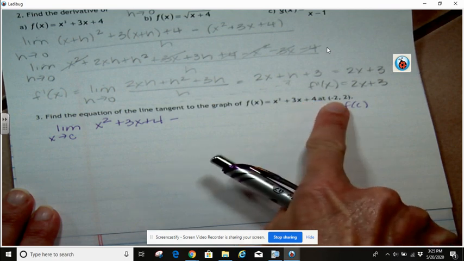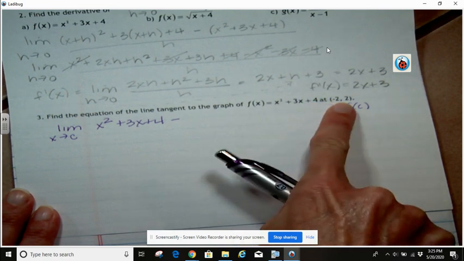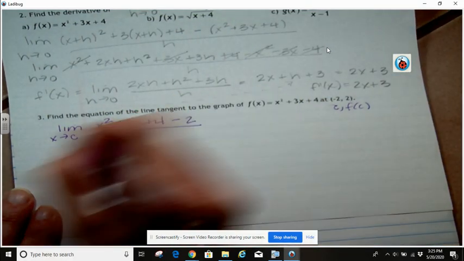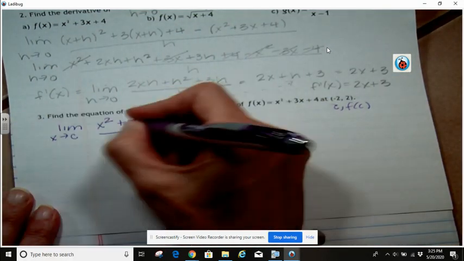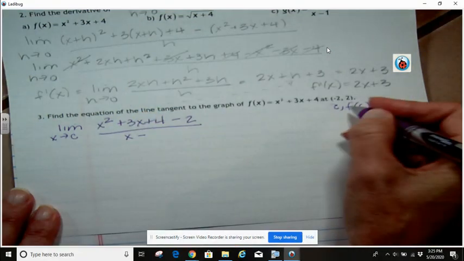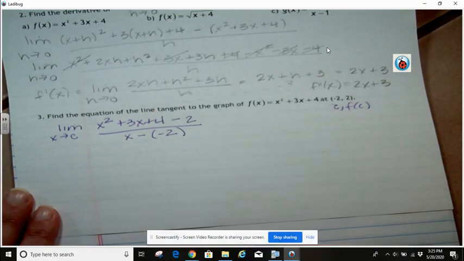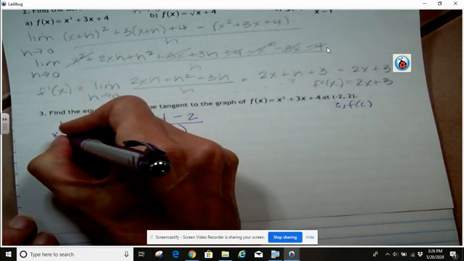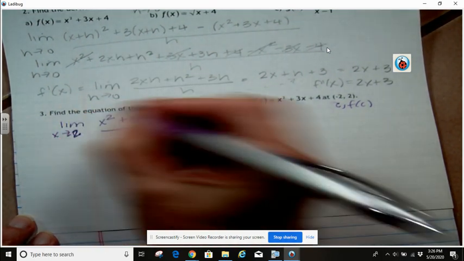We already know that if we substitute negative 2 into this function, we're going to get 2. So f of c is already 2. We don't have to do that work like we did in the very first problem. And then on the bottom is x minus c, which is the x coordinate of that point. I guess I could have written negative 2 here since we know what that is.